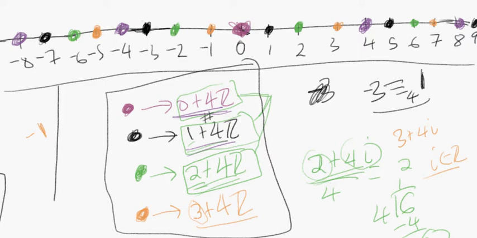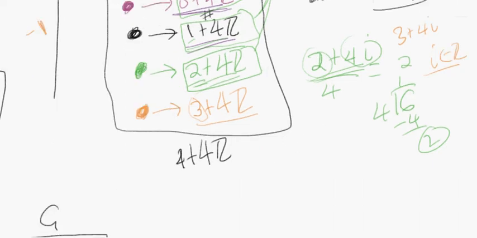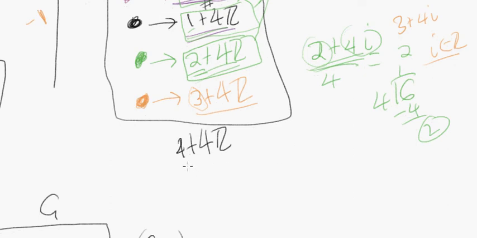Well, maybe let's check a few facts. For instance, how about the coset 4 plus 4Z? We never considered that. 4 plus 4Z is the set of all elements which when divided by 4 will give us a remainder of what? Let's think about it this way. 4 plus 4Z is the set of all 4 plus 4i such that i is an integer.